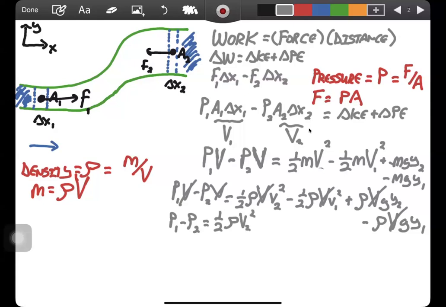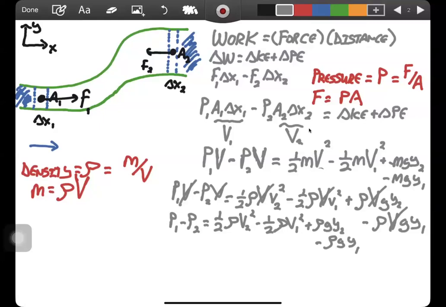Again, that's the velocity of the fluid on the right, minus 1/2 rho V1 squared. That's the velocity of the fluid on the left, plus rho G Y2 minus rho G Y1.